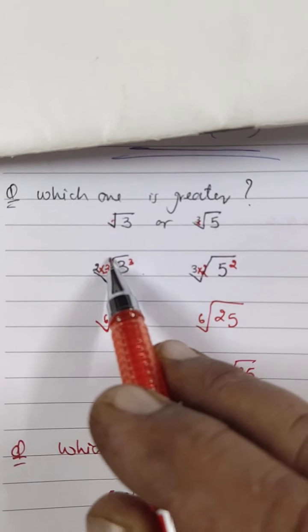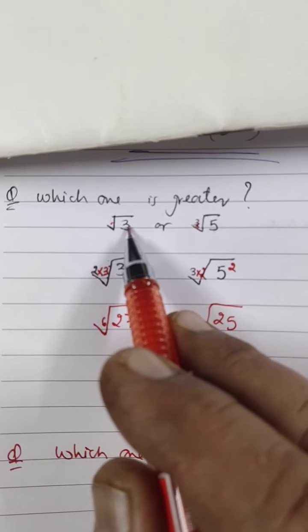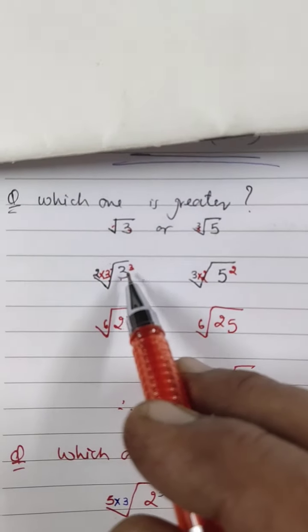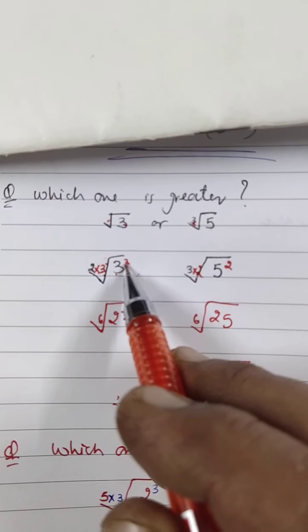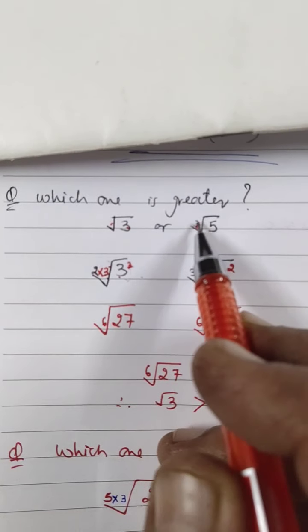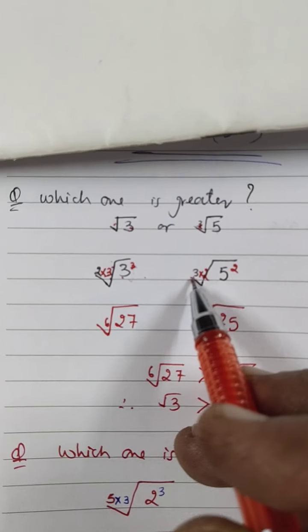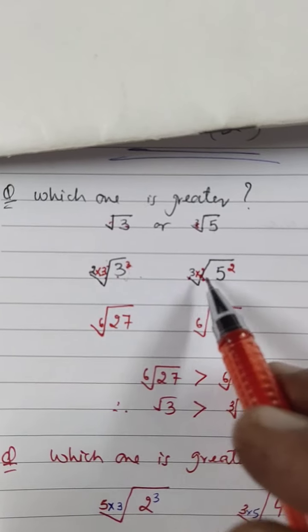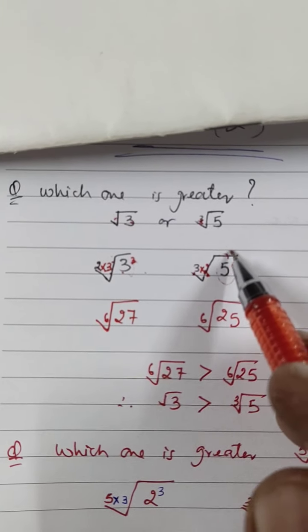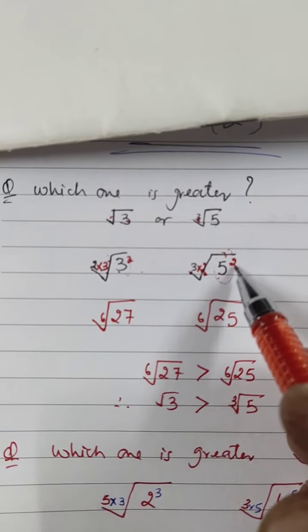But if I multiply here by 3, then whatever value is there in the root, I need to take the power of that value also as the same number, 3. In this case, to make 6, I need to multiply by 2. So whatever is written in the root, I have to take the power of that also as 2.